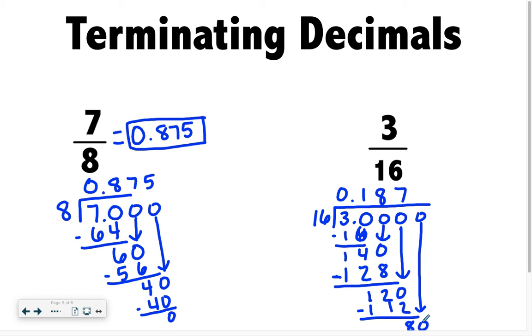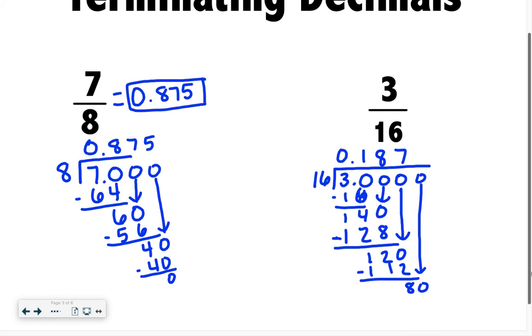And 16 can go into 80 5 times. 16 times 5 is 80. So that was 5, and now I don't have a remainder. So I know 3/16 is the same as the decimal 0.1875. Now, using long division is the first method we can use to solve these problems.